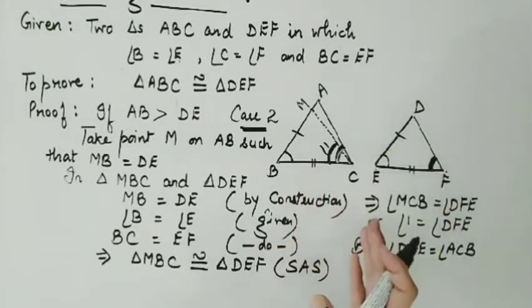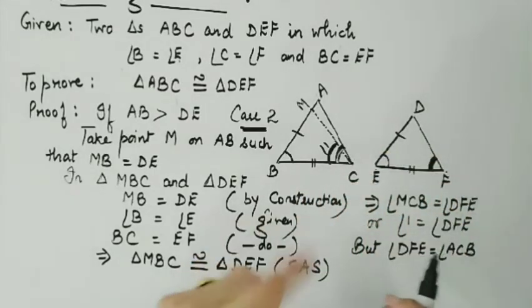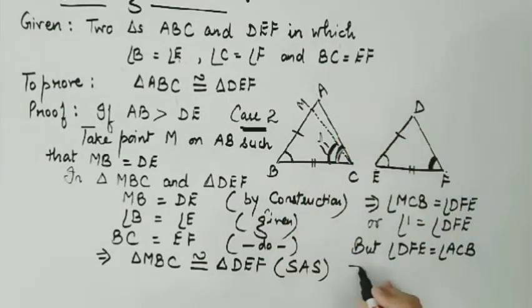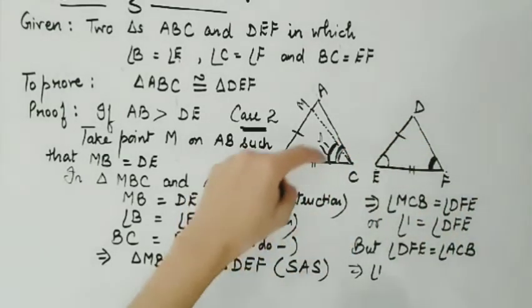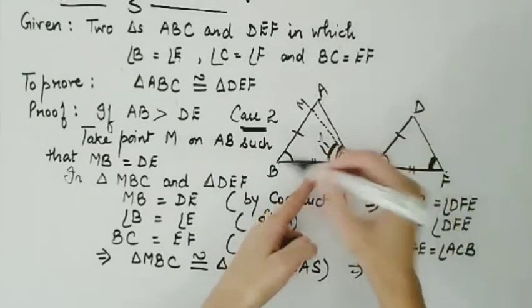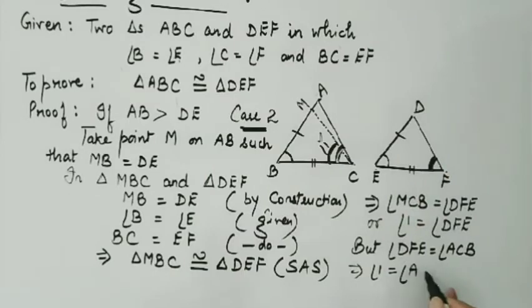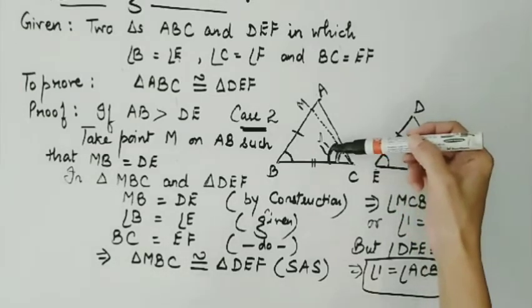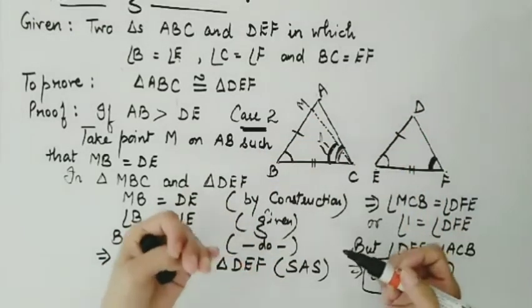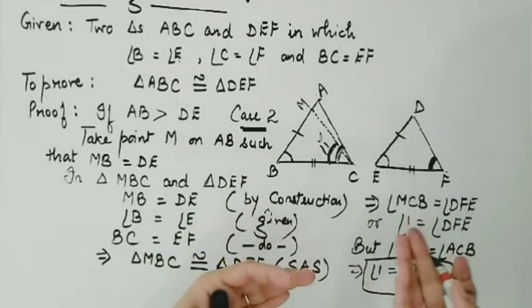What does it mean? Now there is a contradiction. This means angle 1, which is only this much, must be equal to ACB, the whole angle. Observe it carefully. Is it possible? Can we have a situation which says that an angle contained in another angle of a triangle can be equal to it?